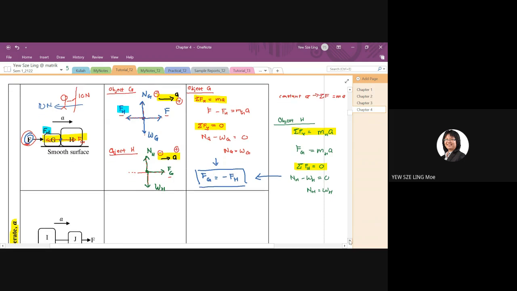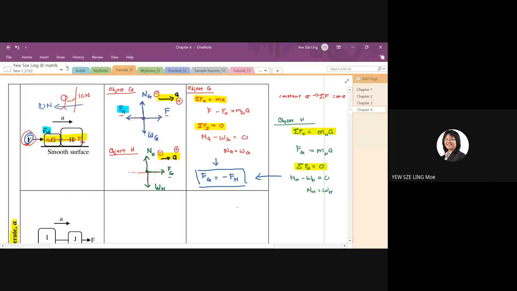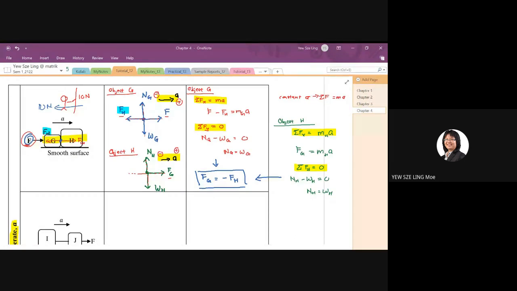So you have object G, object H, and you can join these two objects together by using Newton's third law.